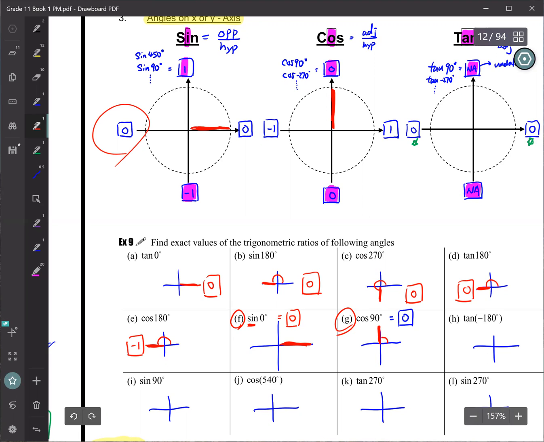And H, Colin. Give me a second. I lost the page. H, I did 0. You get 0. -180 will be here, so it'll be 0. Next one, Chris. I got 1. Yeah, 90 degree will be 1.